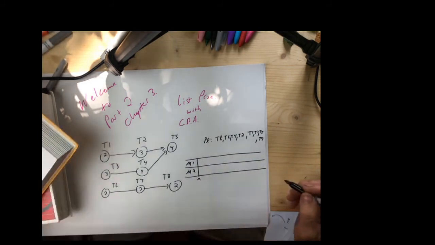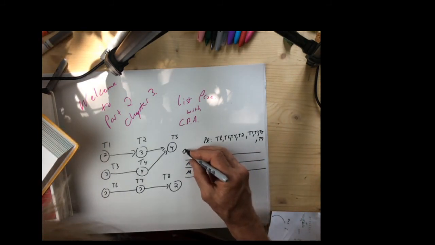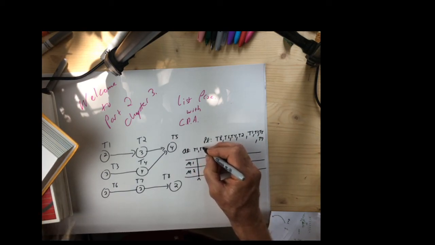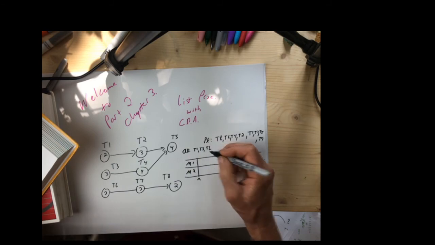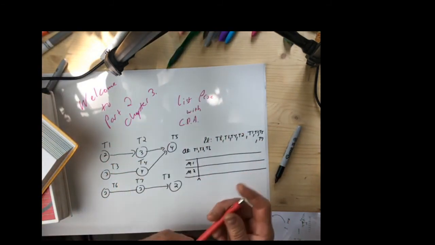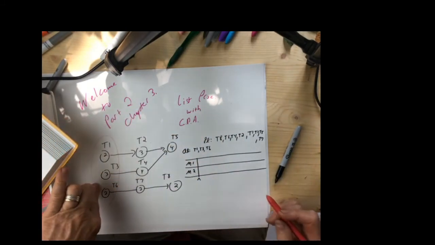And here's my time marker at t equals 0. And I now create my available list at time equals 0. And I write down T1, T3, T6. Why? Because it's very clear that there's my available jobs.